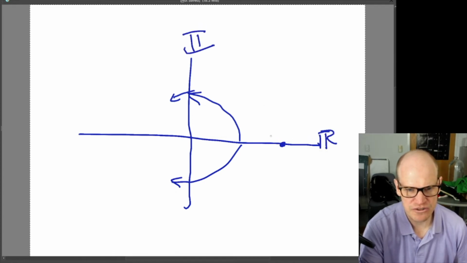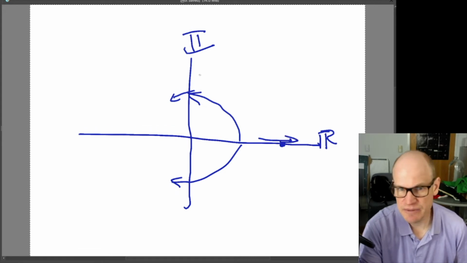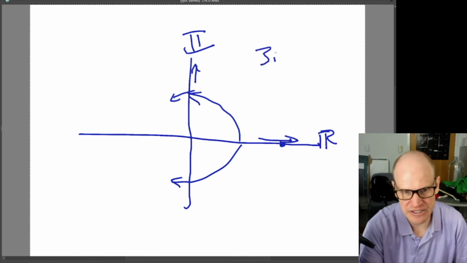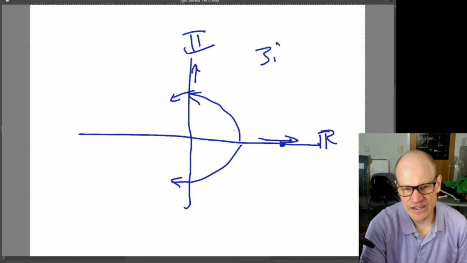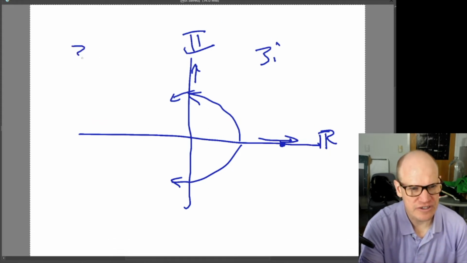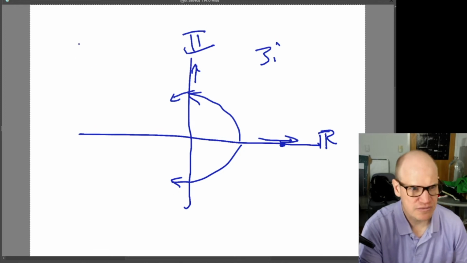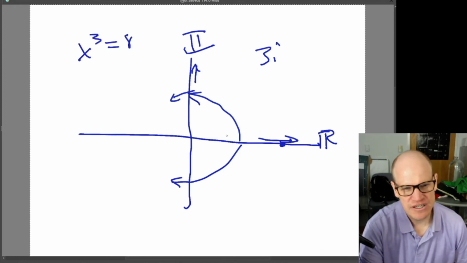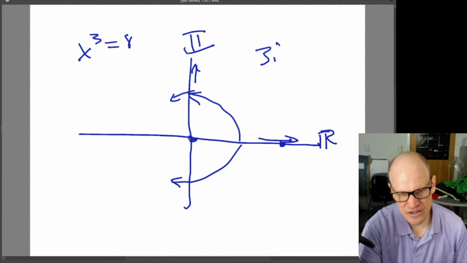So the real numbers are along here. The imaginary numbers are along here, so 3i would be along there. And in this case, it was a cube root. I was looking for some number cubed equal to 8. The 3 roots are located some distance away from the origin.